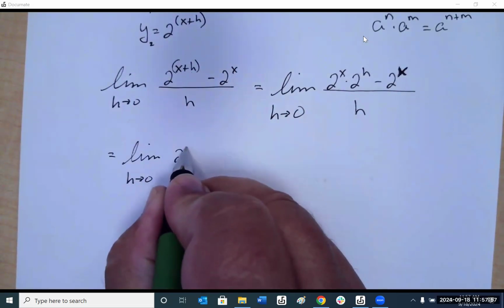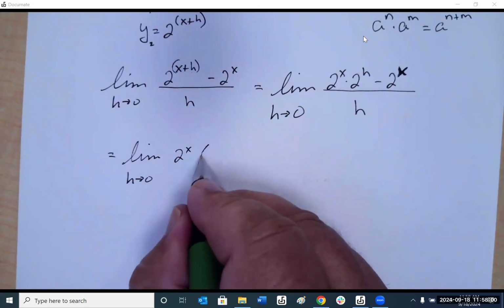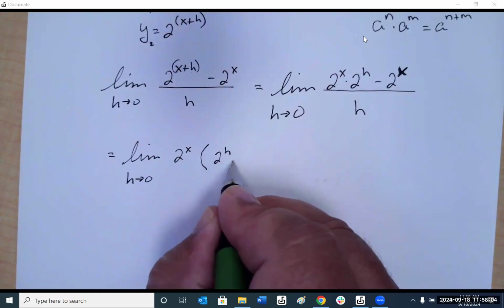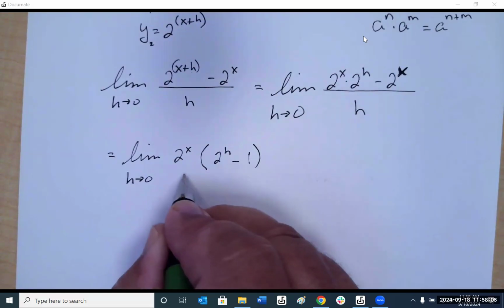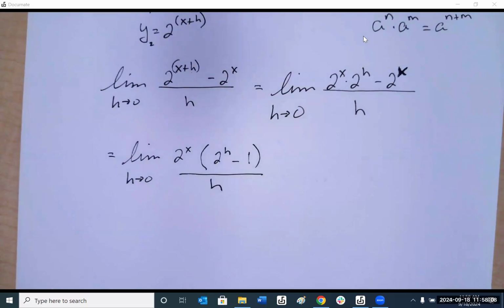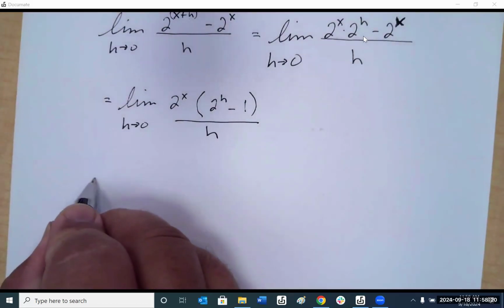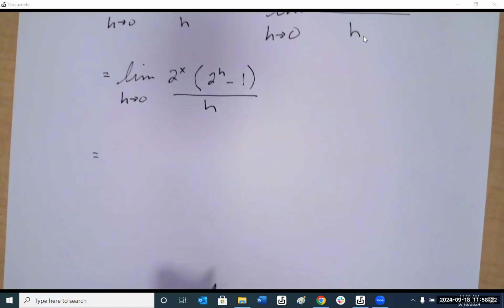They both have a 2 to the x, which gives us 2 to the h minus 1. What can we do now?